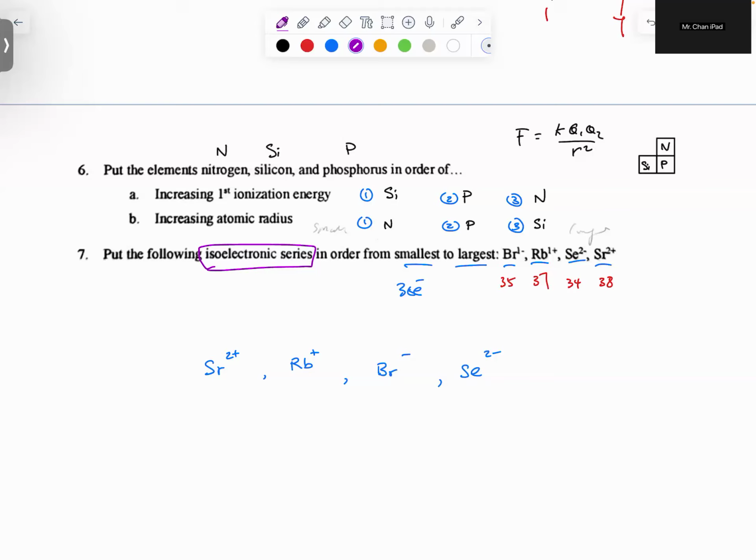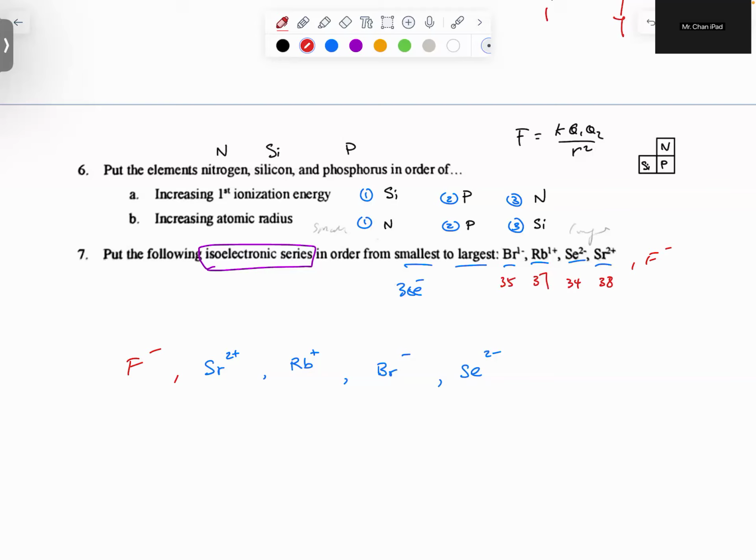Very good question. If they want to give you something where some of them have the same number of electrons and others don't, I'm not saying it's not possible, but then they would not say isoelectronic series. I could also introduce something like F minus. Okay, how about I put an F minus right here? Then you know F minus will be the smallest because it has only 2 energy levels, while the others have 4 energy levels.